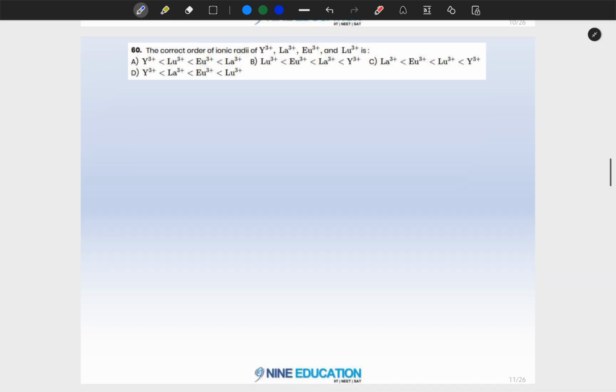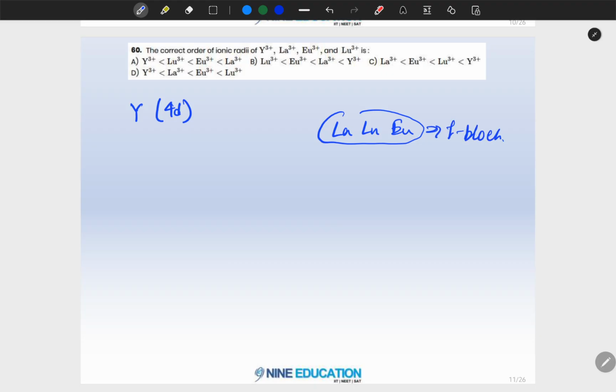The correct order of ionic radii. Yttrium belongs to the 4D series, whereas lanthanum, lutetium and europium are actually F block elements, right? So scandium, yttrium, lanthanum, and between lanthanum and hafnium, europium and lutetium are present.